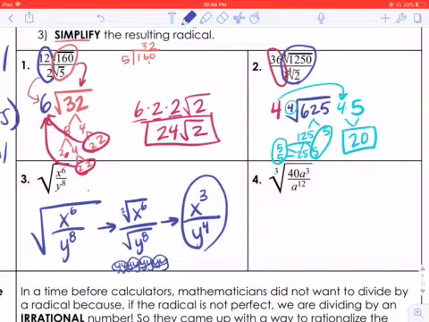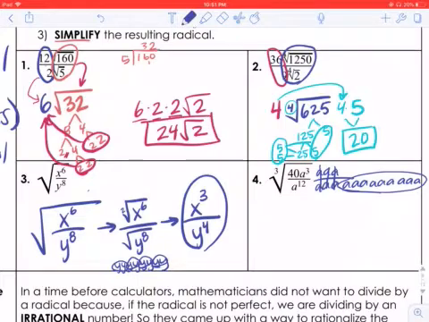Finally, for this one here, I can simplify it to start out. So I have 3 a's on top, and I have 12 a's on bottom. And I know that these ones are going to cancel and leave me with 9 a's on the bottom. So if I'm going to rewrite this problem, I'm going to have the cube root of 40 over a to the 9th power.